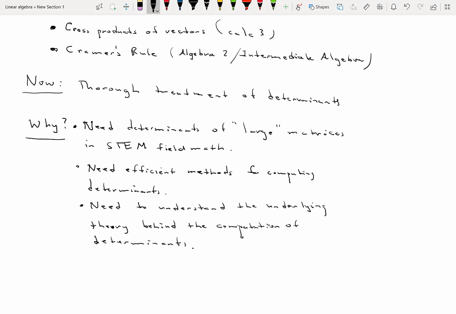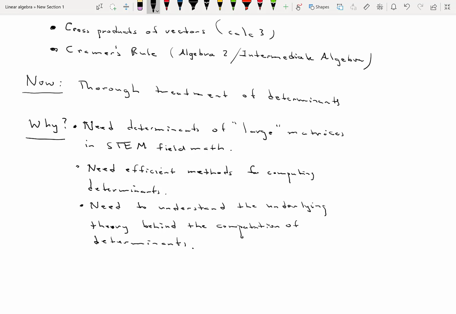The number of computations is enormous if you use the method that was presented to you in Algebra 2. So we need to look at efficient ways of computing determinants via computers. And this section and the next section does that.